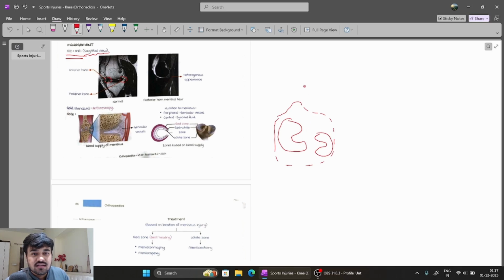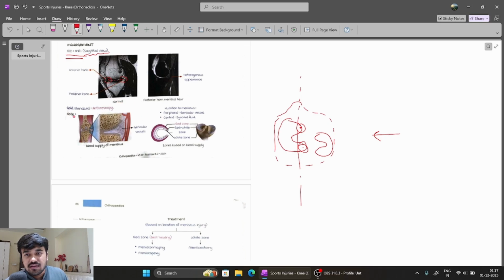When we are taking a sagittal section, this means we are cutting the joint cavity in this way and viewing from this side, then we will see the anterior horn and the posterior horn. This is what you see in the sagittal view MRI of the knee joint. The anterior and posterior horns of the menisci are visible. All right.